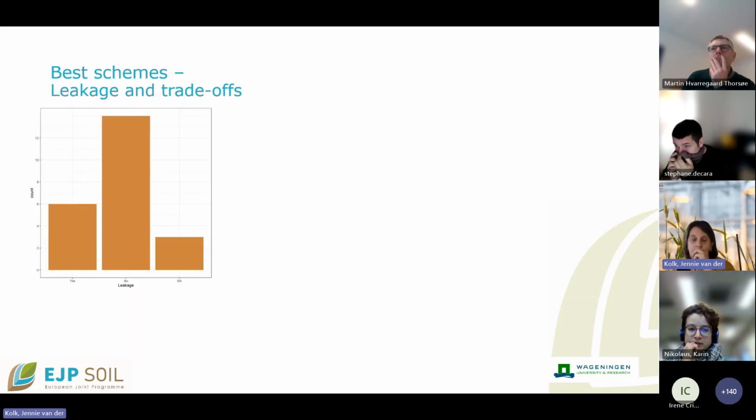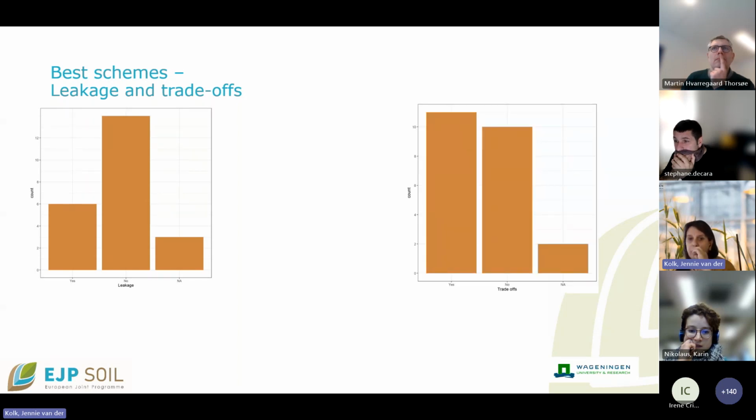First, the leakage is not taken into account in the top 23 scoring schemes. Sometimes it is, but more often it isn't. The trade-offs are, as much as they are included, not included, so there's something to gain, I think, for this purpose.